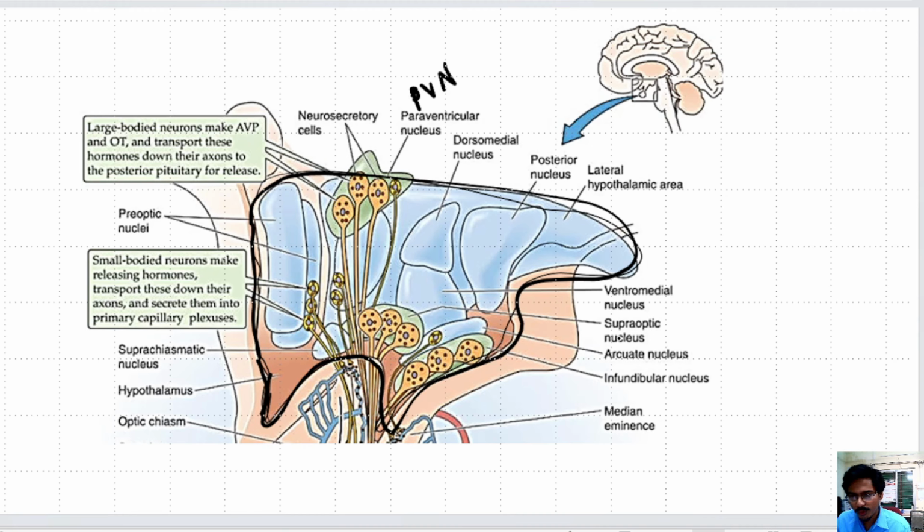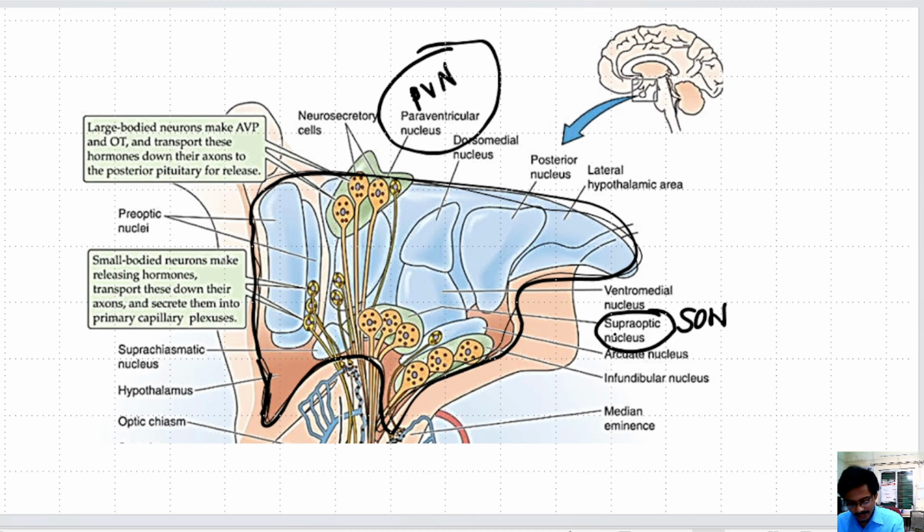Our two important key elements are the supraoptic nucleus, SON, and the PVN or paraventricular nucleus. So SON and PVN, these cell bodies are known as magnocellular, meaning large cell bodies.